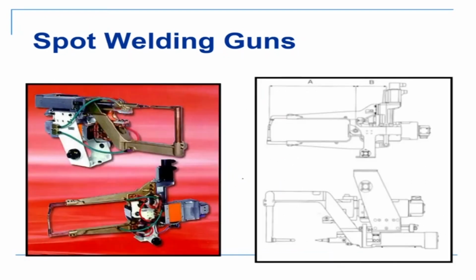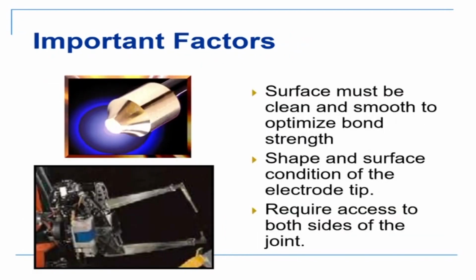This one can hold a sheet vertically. Depending on where and how you're doing the weld, the configuration of the gun and the electrode tips can be configured. Robots normally have to do welds in all configurations and all angles, so they would have either kind of gun.